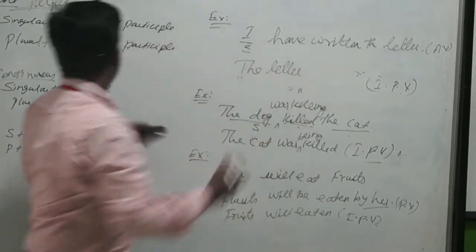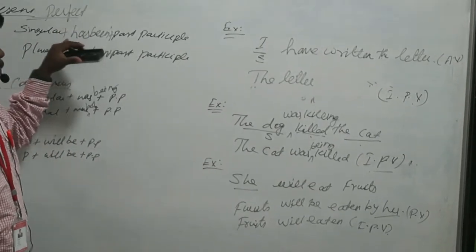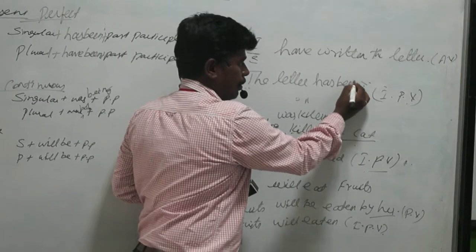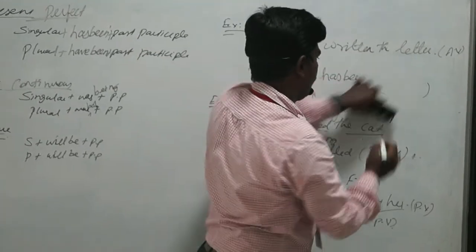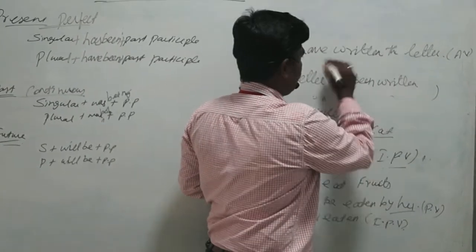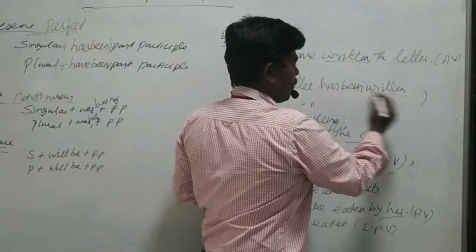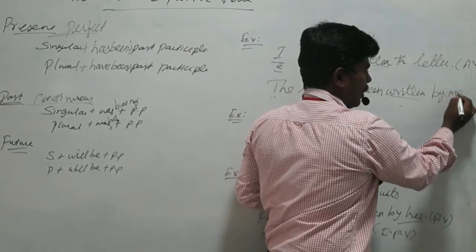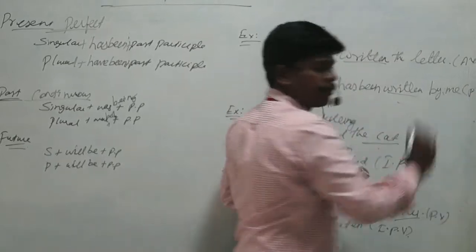What is the formula here? Has been, if it is singular. The letter has been written. The same past participle will come here. The letter has been written by me. It's a passive voice.